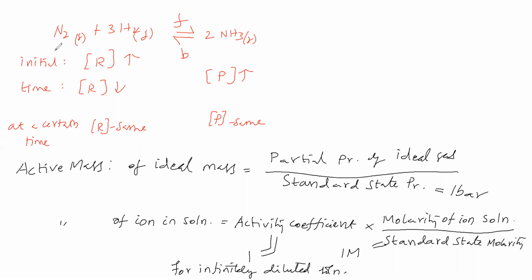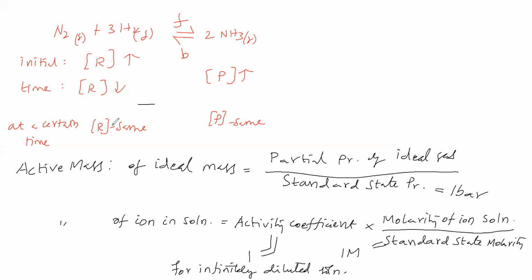As time passes, the forward reaction takes place continuously. Therefore nitrogen molecules are continuously disappearing, so the concentration of nitrogen goes on decreasing. Hydrogen concentration also goes on decreasing. Generally we can say the concentration of reactant decreases as the forward reaction takes place. Next, the concentration of product goes on increasing.